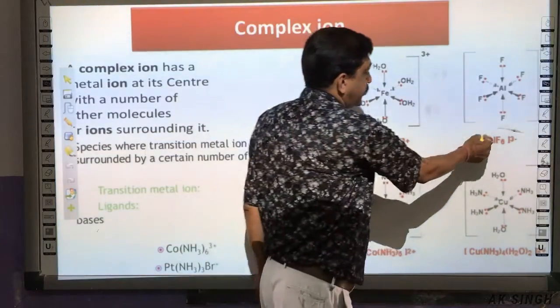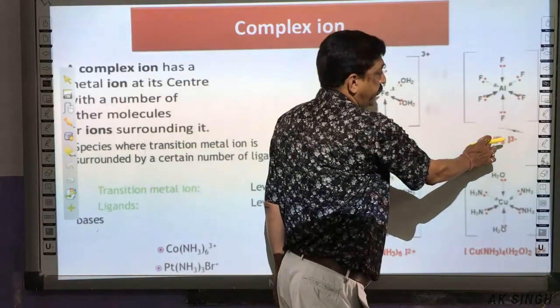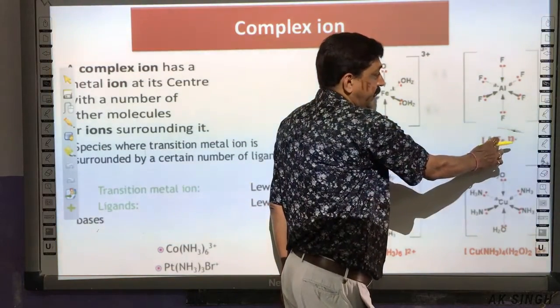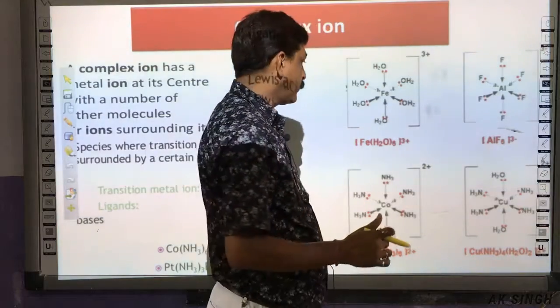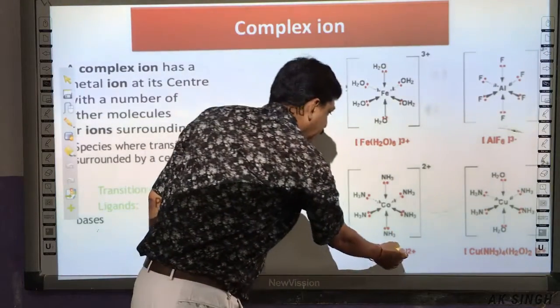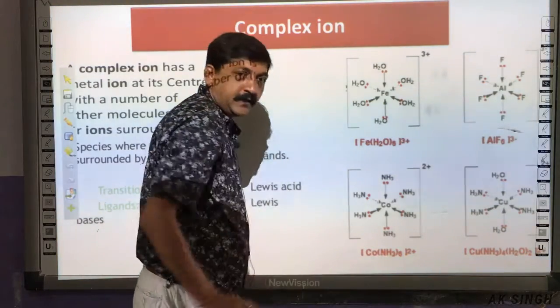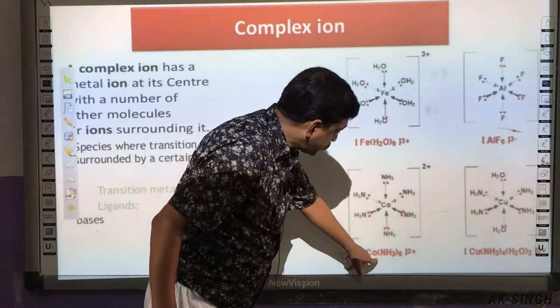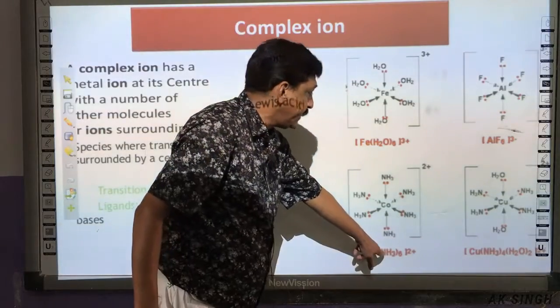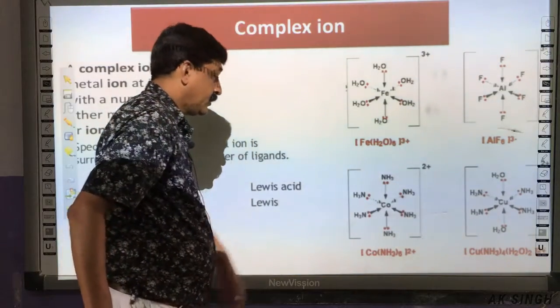In this example, the bigger bracket is the coordination sphere, with aluminium as the central metal atom and 6 fluoride ion ligands. Here the coordination sphere contains the central metal atom cobalt and 6 NH3 ligands.